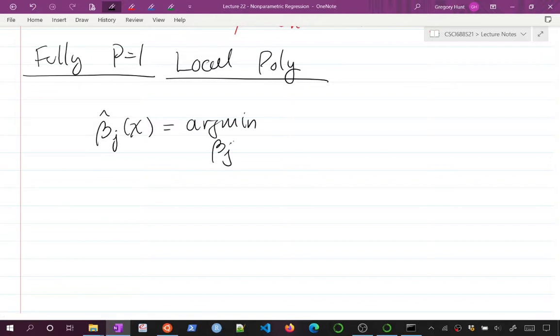Let's just call it beta. It doesn't really matter.